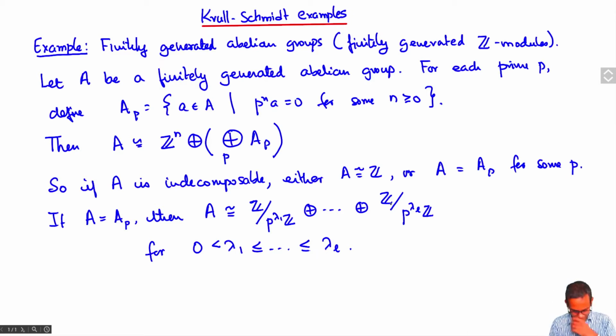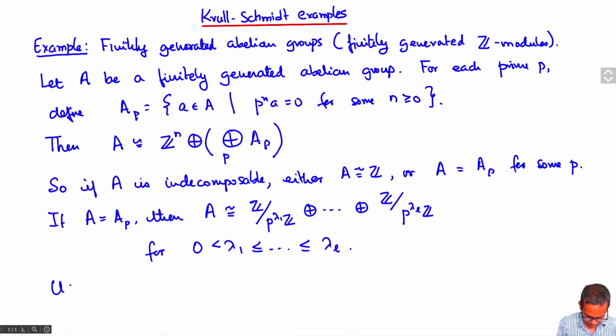We've already seen that every indecomposable finite abelian group is in fact of the form Z mod some prime power, and this is exactly a Krull-Schmidt kind of decomposition, and saying that when arranged in weakly increasing order, these invariants lambda 1, lambda 2, lambda L are uniquely determined is in fact the statement of the Krull-Schmidt theorem.